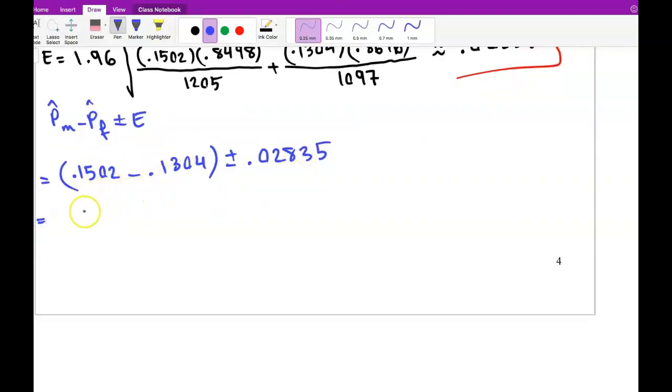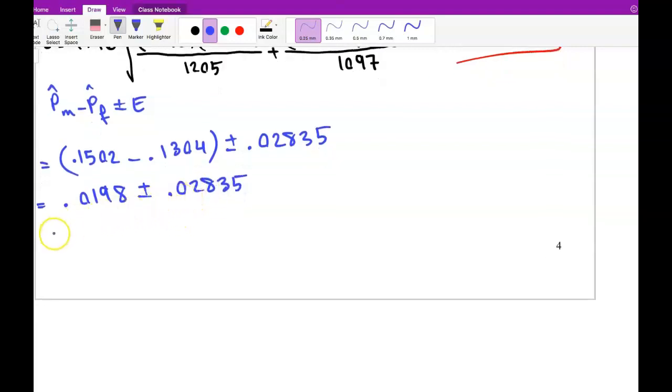Okay, finding the difference between these two is 0.0198. Then adding and subtracting the margin of error. So for the lower one, what I have here is 0.0198 minus 0.02835. That is negative.